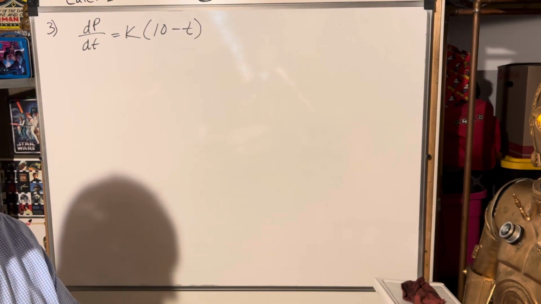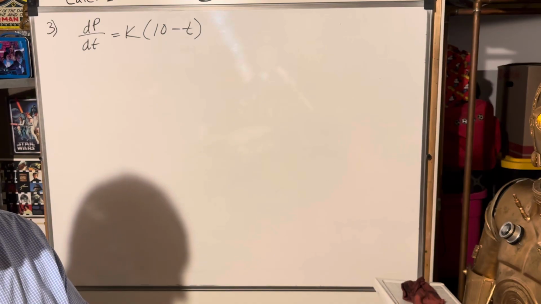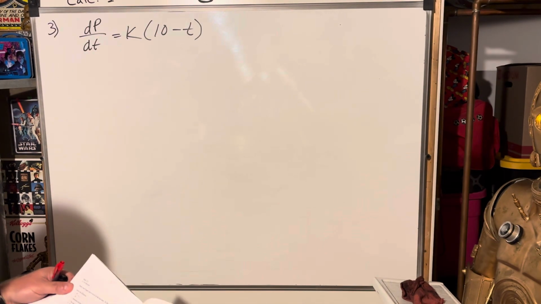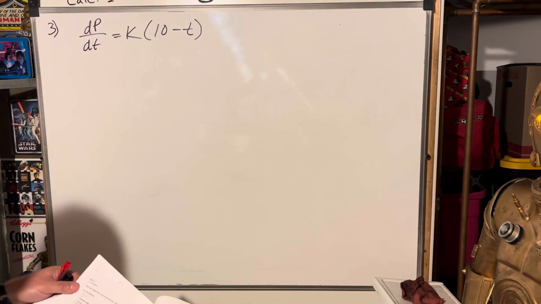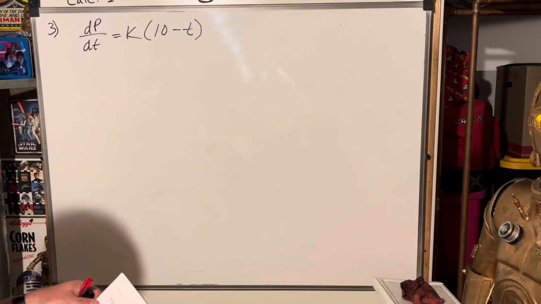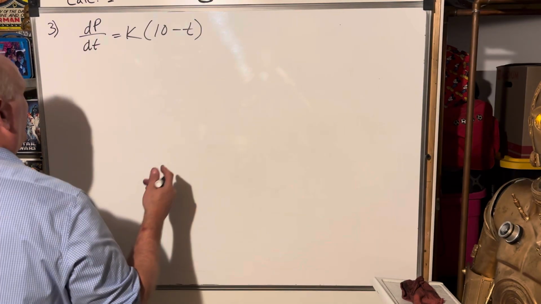The rate of change of p with respect to t is proportional to 10 minus t. So dp over dt is equal to k times 10 minus t. Okay, so I guess we can find p.